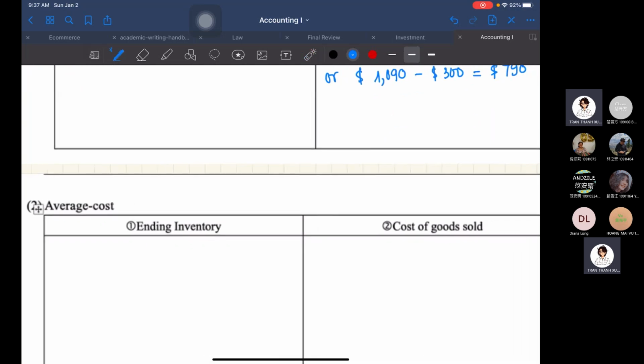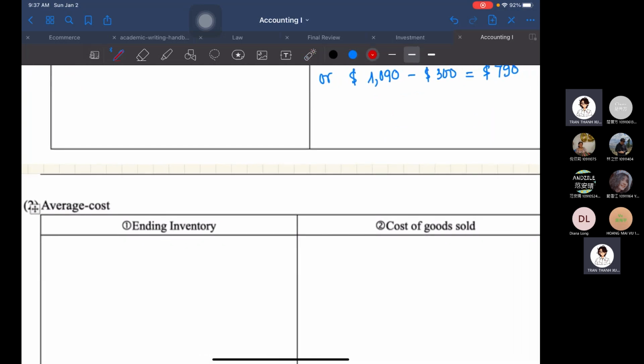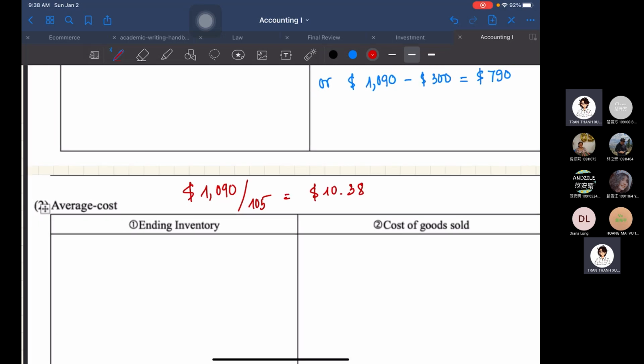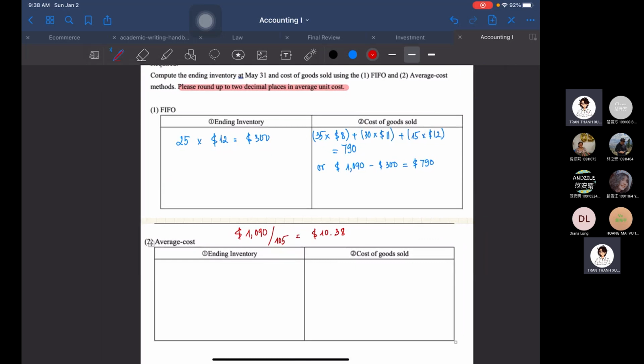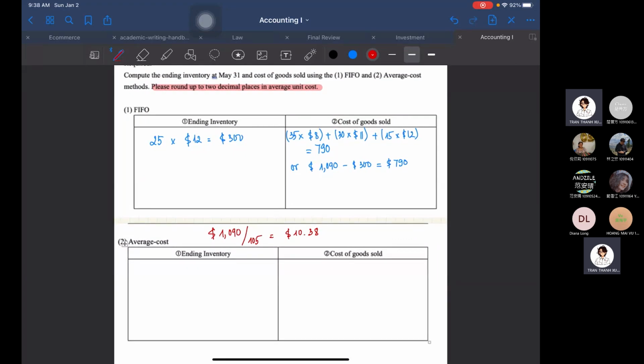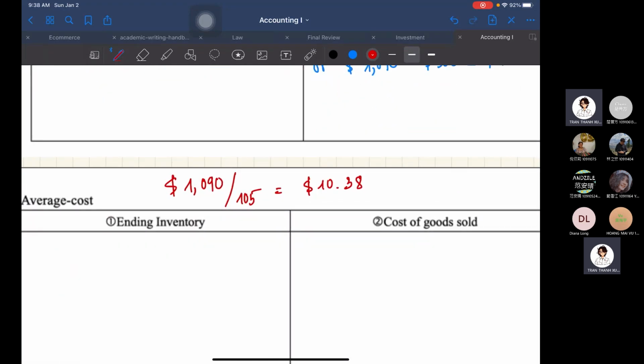So simply take that divided by 105, then you will have around 10.38. Since the question requires you to round to 2 decimals, you keep 2 of these.